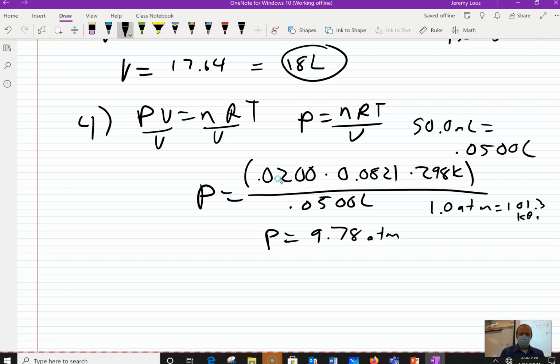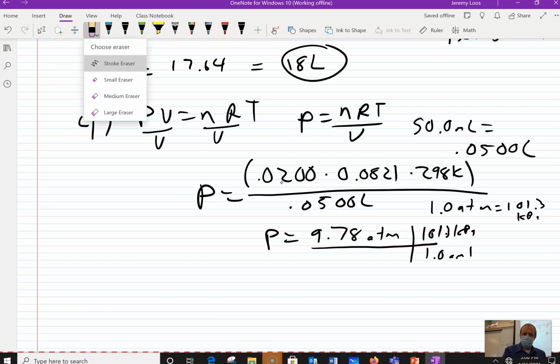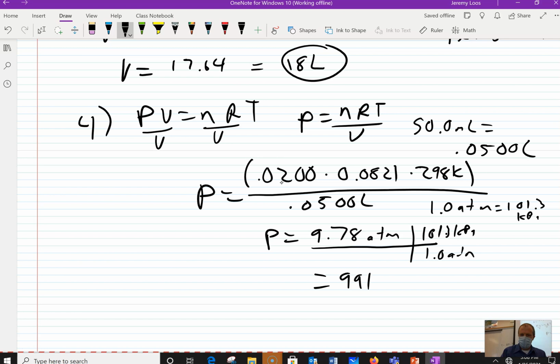As I've said before, those values are also given to you on the reference sheet. So 101.3 kPa is 1 atmosphere. Basically, we need to multiply by 101.3. And then that's going to give us the correct unit. It's about 991.